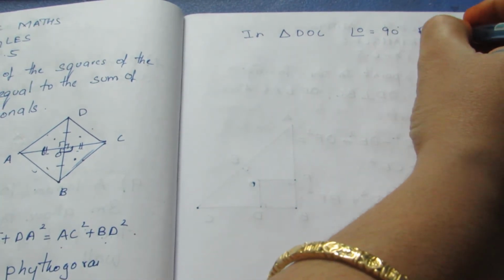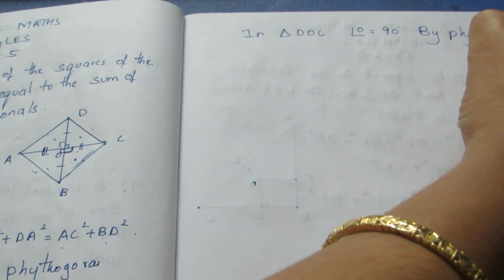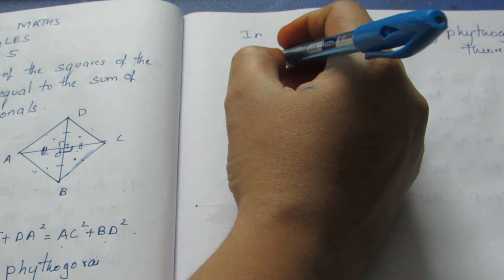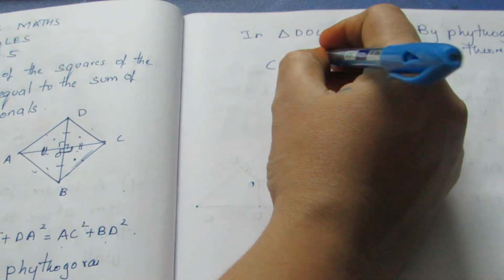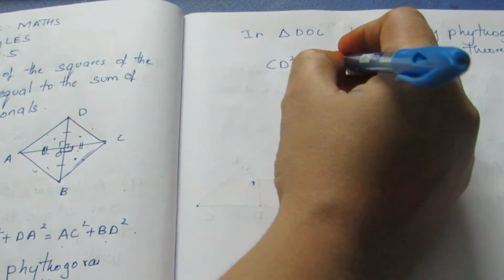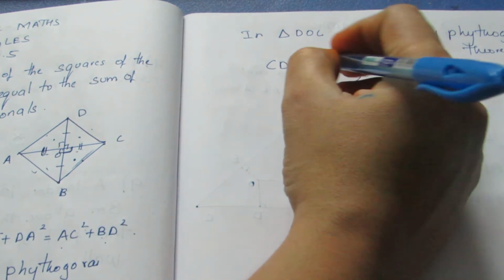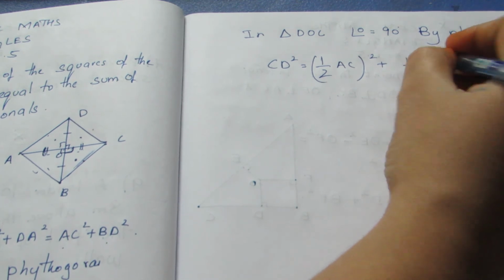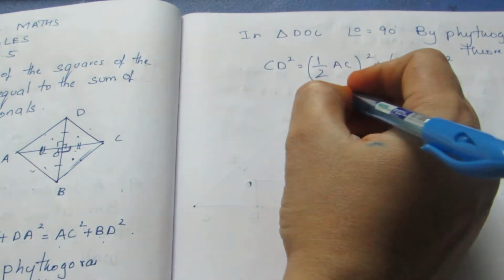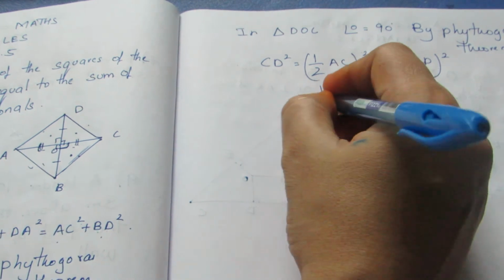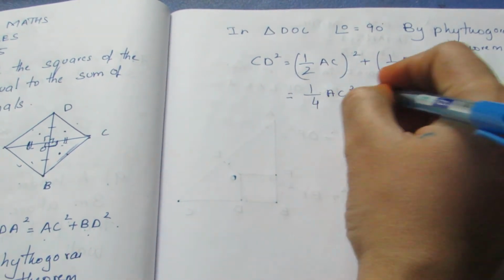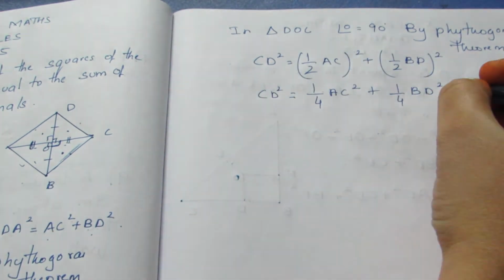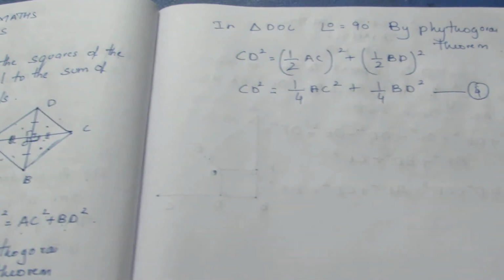By Pythagoras theorem, DA square equal to, in the same way, instead of OA we can write half AC the whole squared plus, for OD, we can write half BD the whole squared. While squaring all the terms, it becomes 1 by 4 AC square plus 1 by 4 BD square, which is equal to DA square. Now this is equation 4.